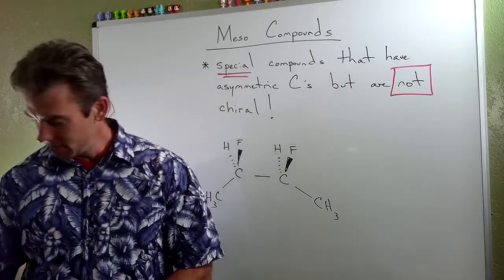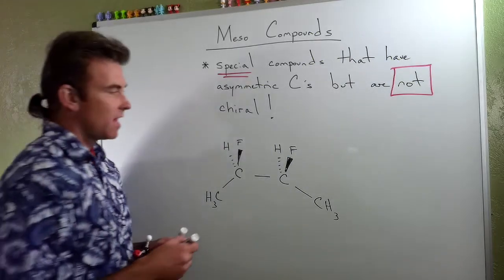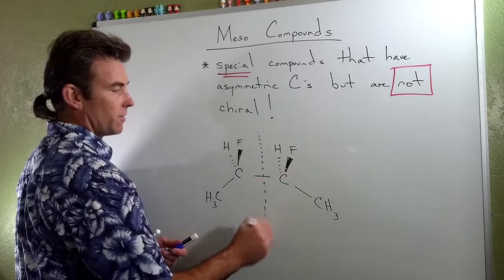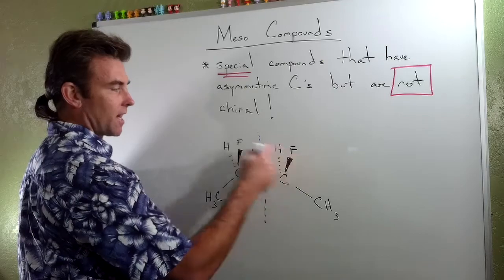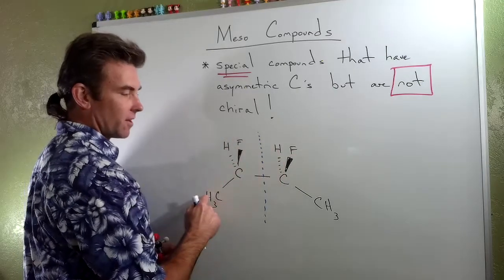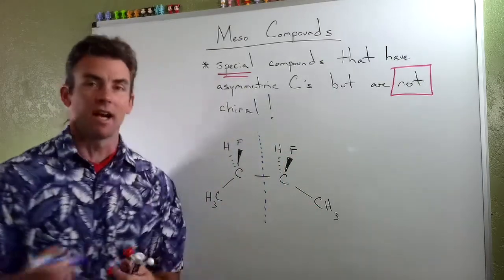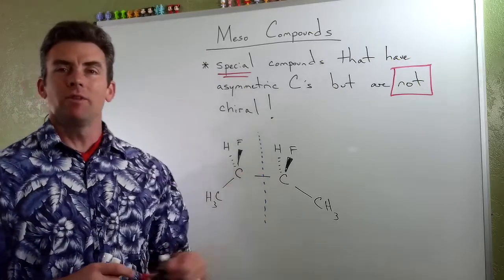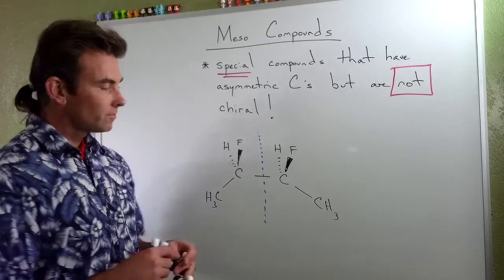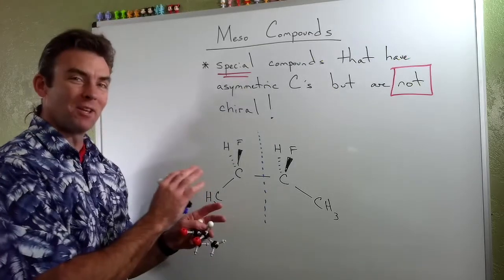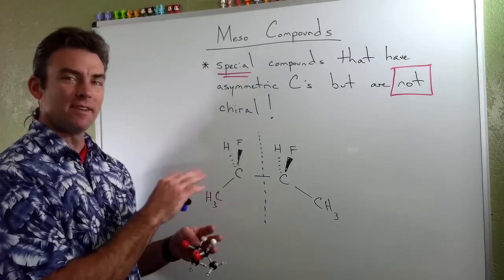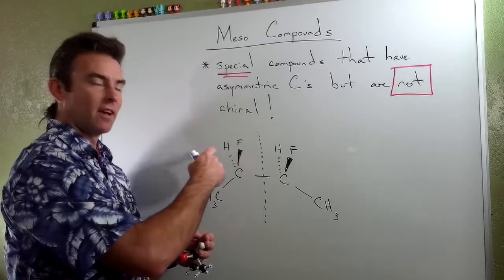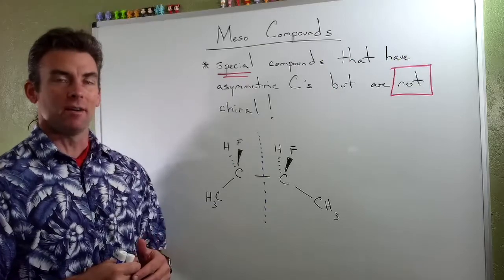And so obviously what I'm saying is that there is a mirror plane directly through this bond that takes one side and reflects it through to the other, right? And that's the key to recognizing something as a meso compound. Let's see what's going on with the R and S designations. So I purposely drew it like this so it's easier for me to talk about R and S because that hydrogen is projected behind the plane in the way that I've drawn it here.